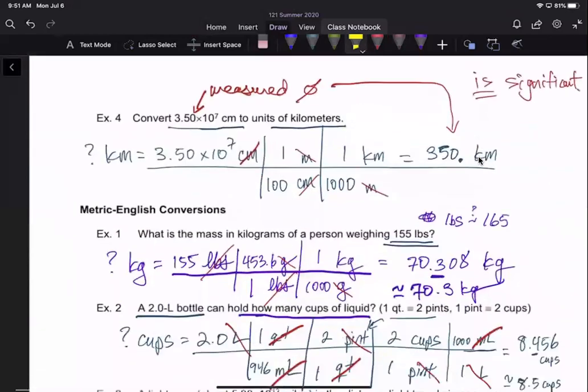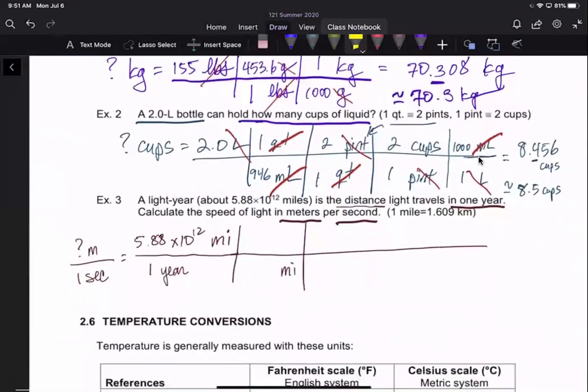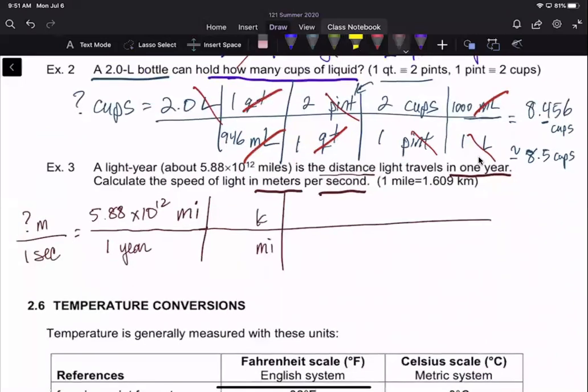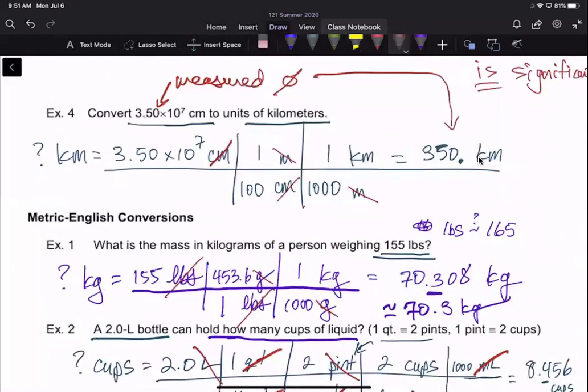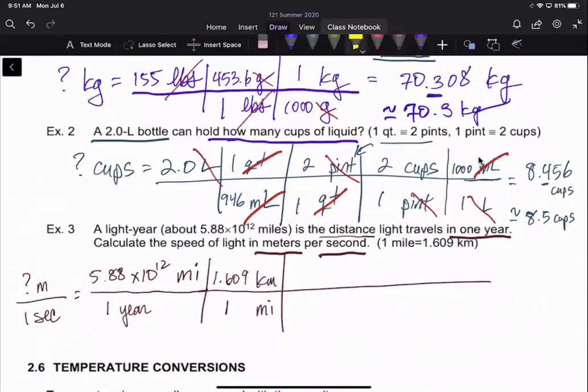So let's see, how many do we have in this problem? We have 3. So we want to go to kilometers, and it is 1.609 kilometers per mile. Let me just double check that. Oh, it's given right here. There we go. Great, so miles are out of there. And we have to get rid of kilometers and go to meters.